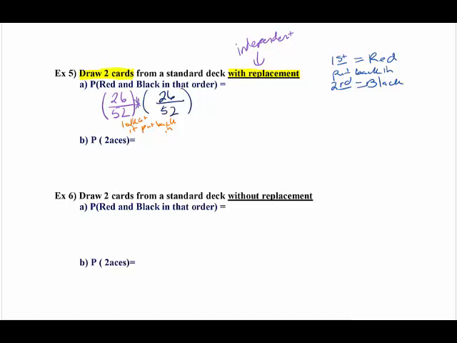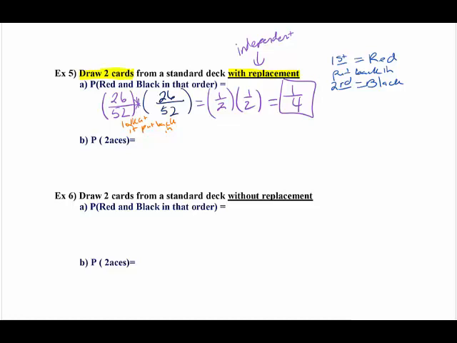Now, I personally would simplify them first if I was just doing this in this way, but you can put it in your calculator. Just be careful. What you type in is what it's going to give you. But 26 over 52 is a half of the deck. Some of you might have just written that down off the top of your head by understanding cards. So it's a half times a half, which is 1/4. This case is independent.